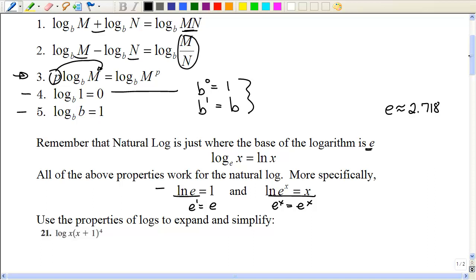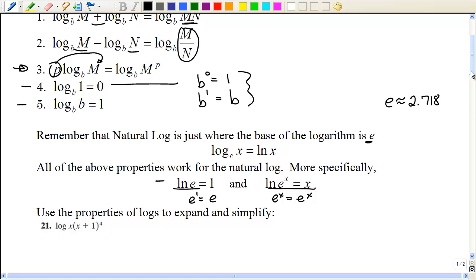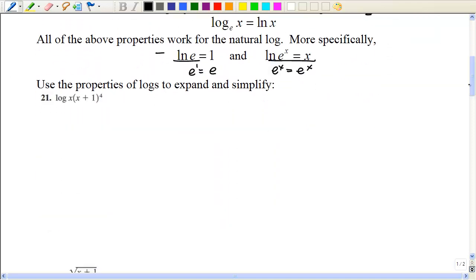But what you really want to know is that the natural log and base e really are inverse functions of each other. The exponential function and log function are inverses. But let's concentrate on what you need to know for the calculus that's going to come later, which is that you're going to use these properties to expand and simplify these logarithmic expressions.